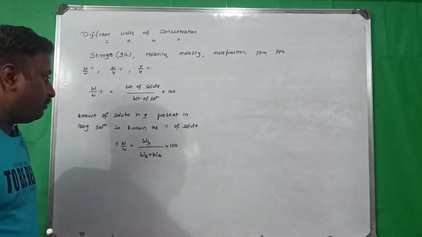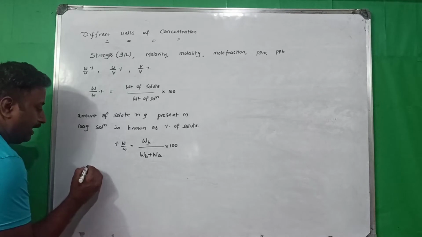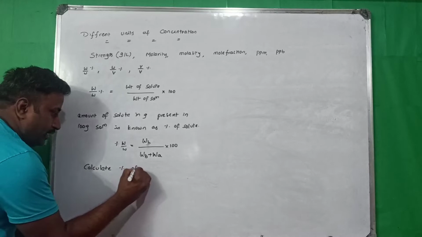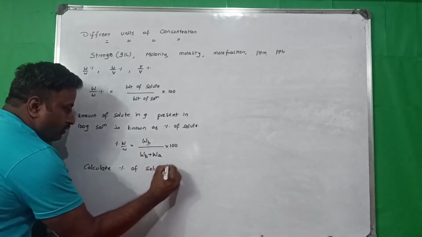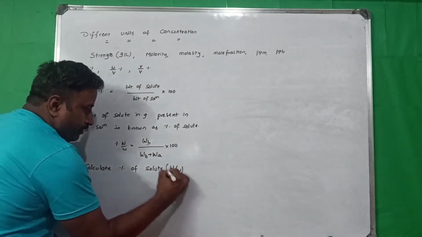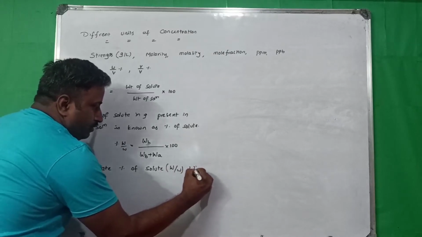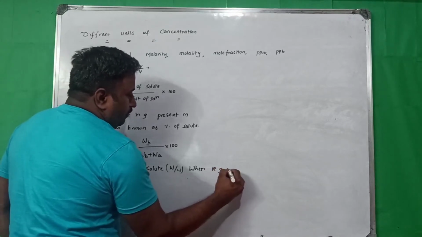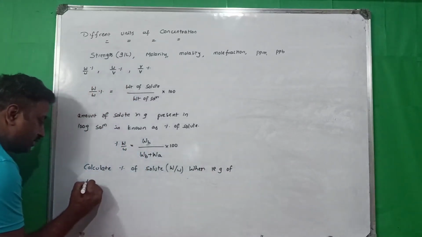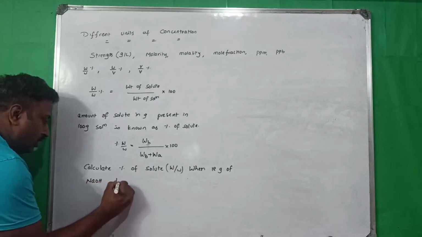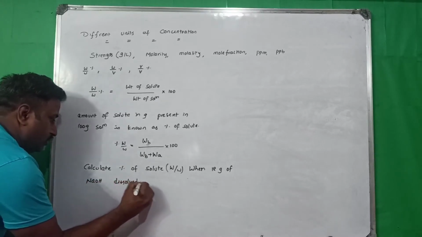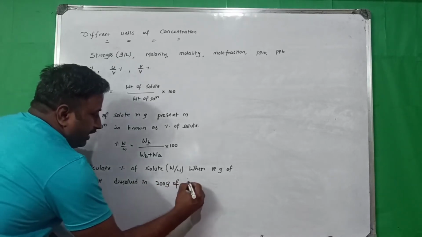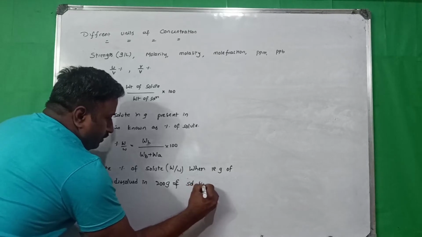Now let us solve an example with this. Calculate the percentage of solute weight by weight when 18 grams of sodium hydroxide, NaOH, is dissolved in 200 grams of solution.